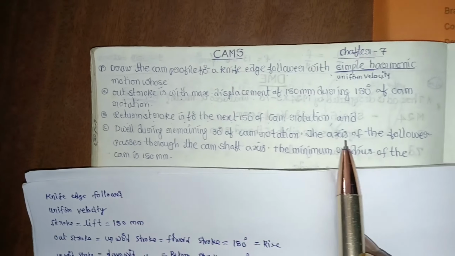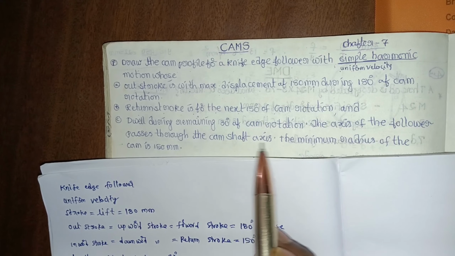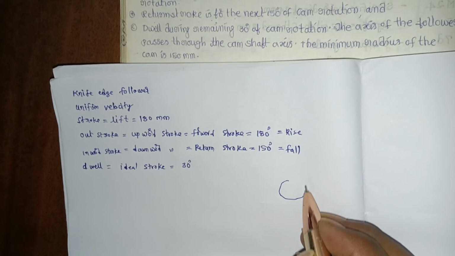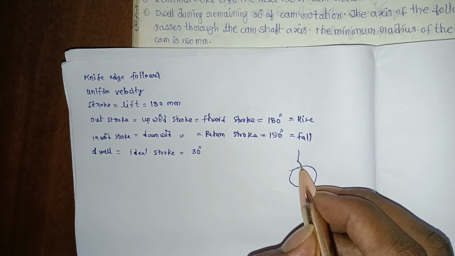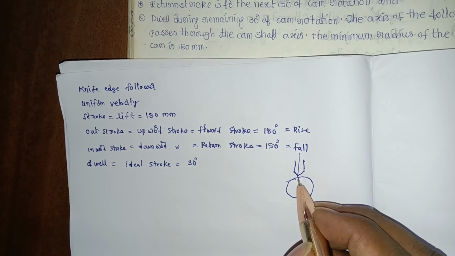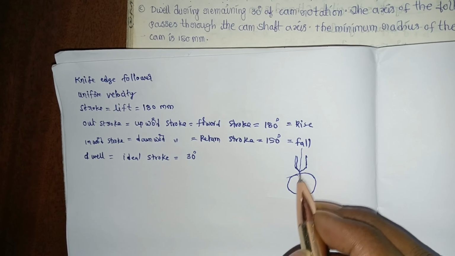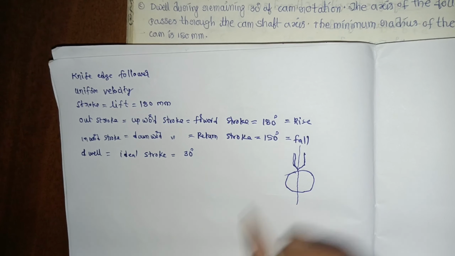The axis of the follower passes through the camshaft axis. Here they are given that the axis is passing through the follower axis. That means this is the normal case.